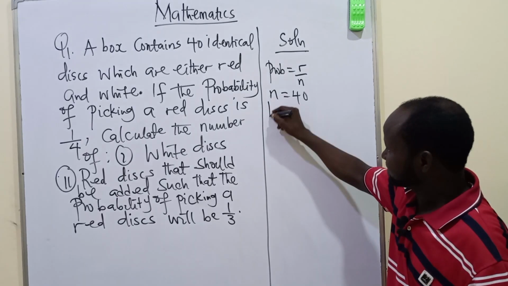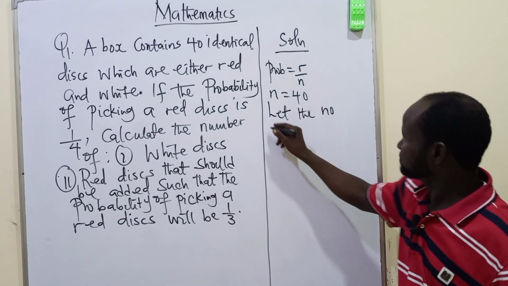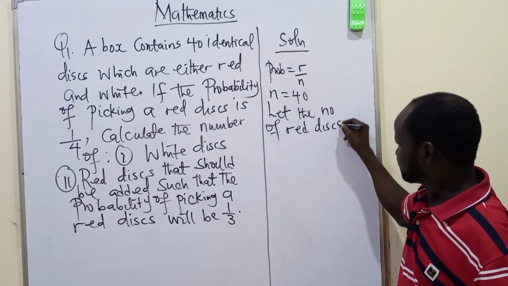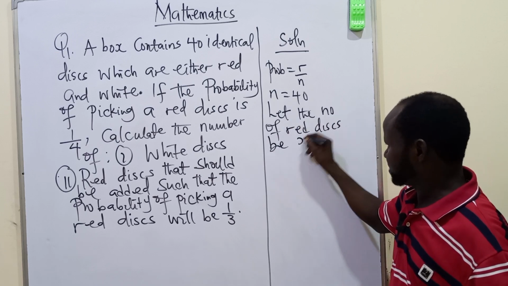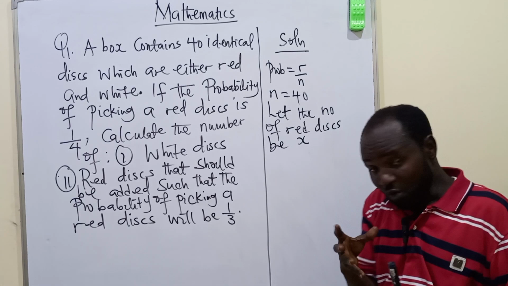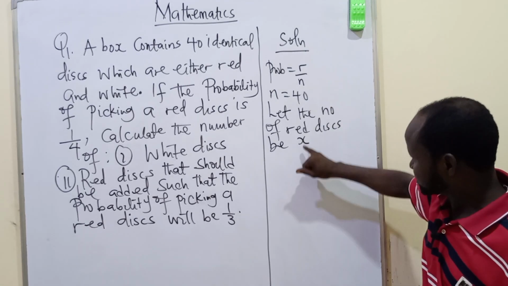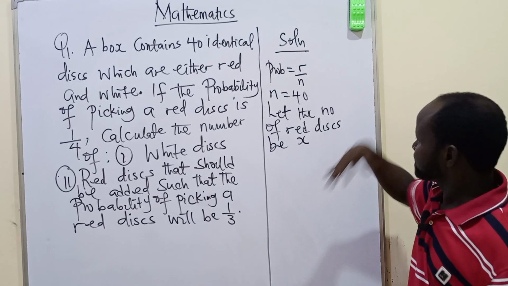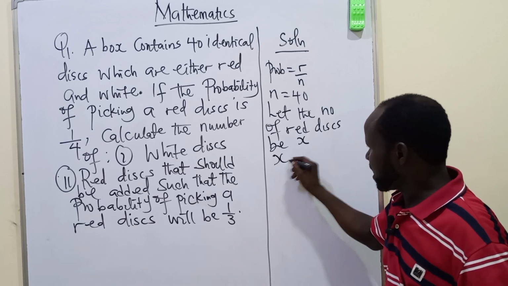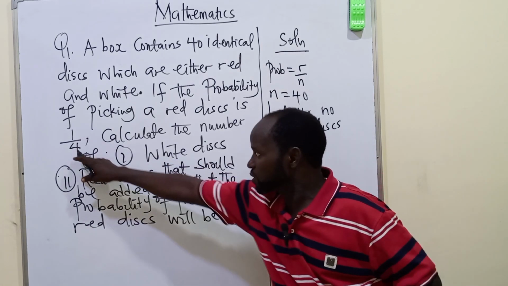So we can say let the number of red discs be x, since we don't know. So to find the number of red discs, our R, the required outcomes, is x. Then the total possible outcome is 40. So x out of 40 will be equal to the probability, which is 1 over 4.